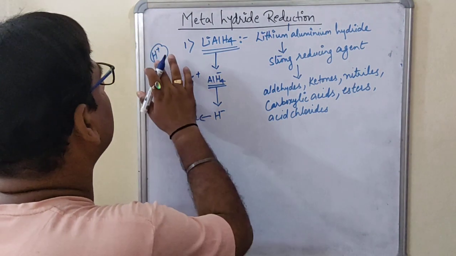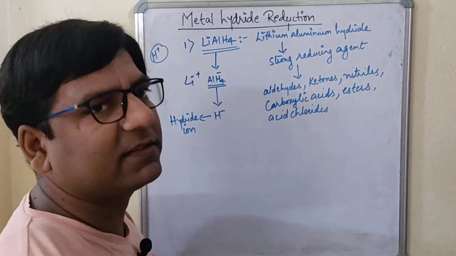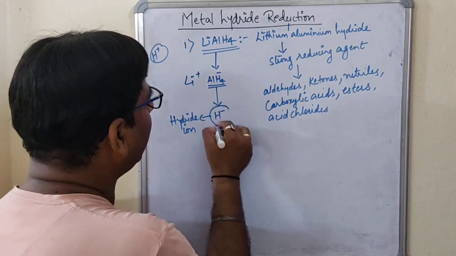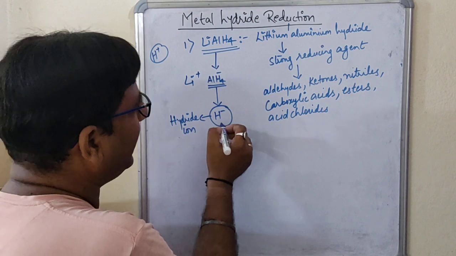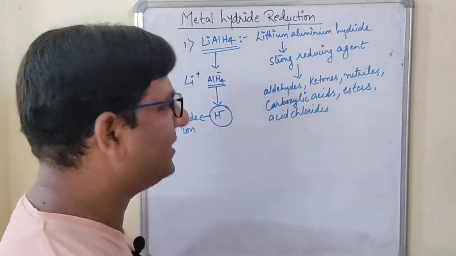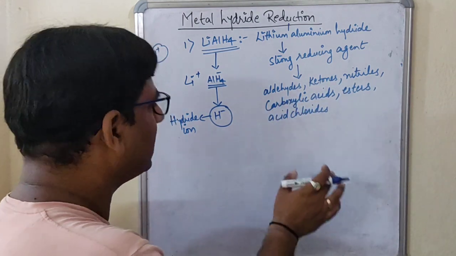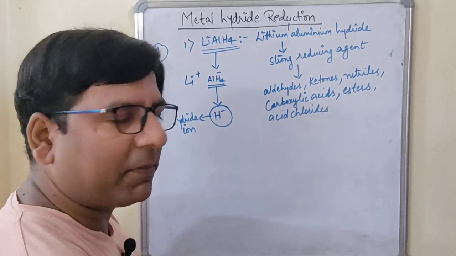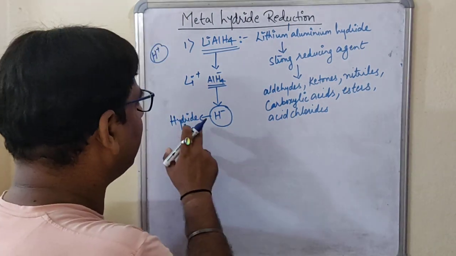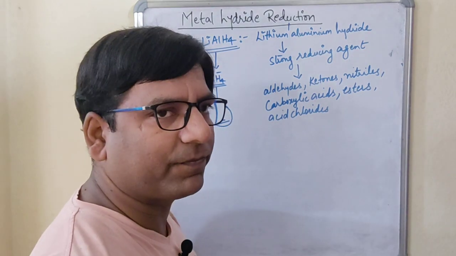And when this hydrogen is getting the negative charge, we call it a hydride ion. So this hydride ion is being generated, and this hydride ion is carrying out the reduction process. It means all these aldehydes, ketones, nitriles, all these compounds are going to be reduced. But who is the main responsible? That ion, that is the hydride ion. This is carrying out the reduction process.